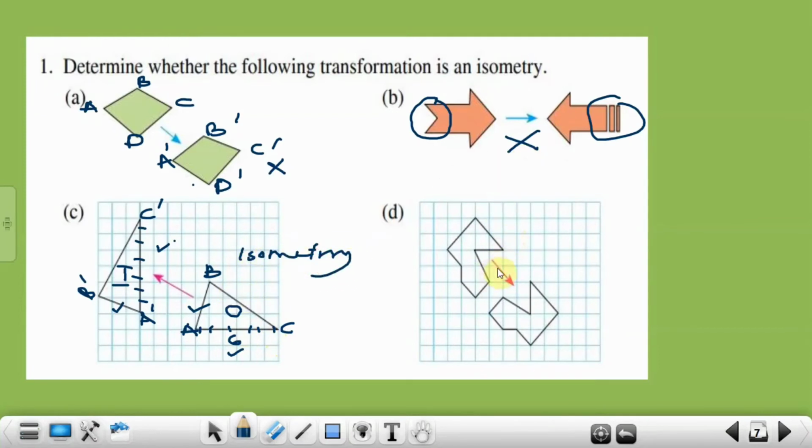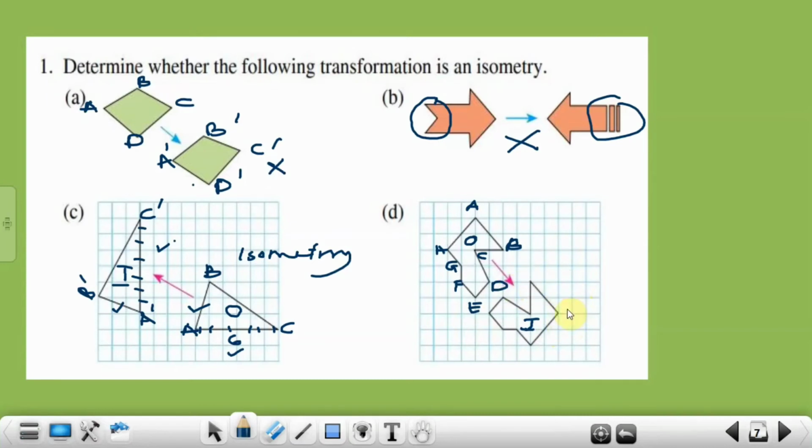Alright, so D. Okay, let's look at D. This is the object, this is the image. Alright, so let's name the vertices one by one. Okay, let's start from here. This is A, B, C, D, E, F, G, H. Okay, let's look at the images.